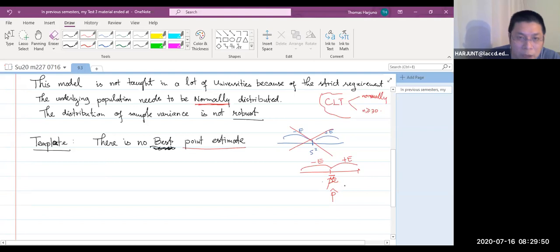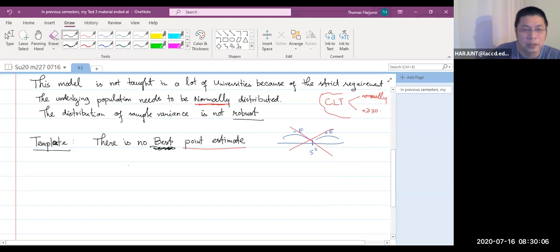That's because we had a best point estimate. But right now we don't have one, therefore it will not be that style.